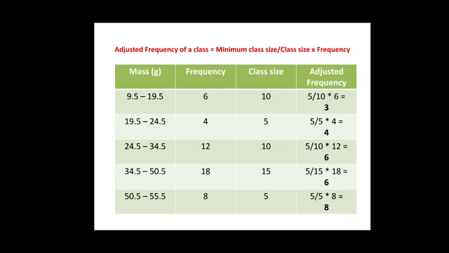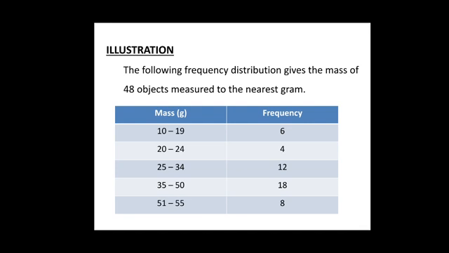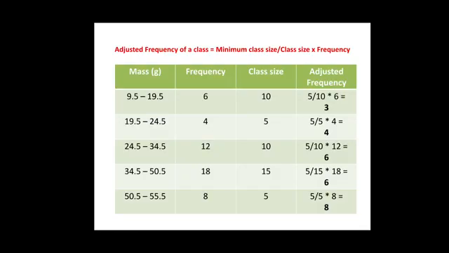We have converted the inclusive data series into exclusive series as given in the first column of the table. How do we do that? Students, just add 0.5 to the upper limit of each class interval and subtract 0.5 from the lower limit of each class interval. The inclusive series will get converted into exclusive series as shown in the first column of this table.